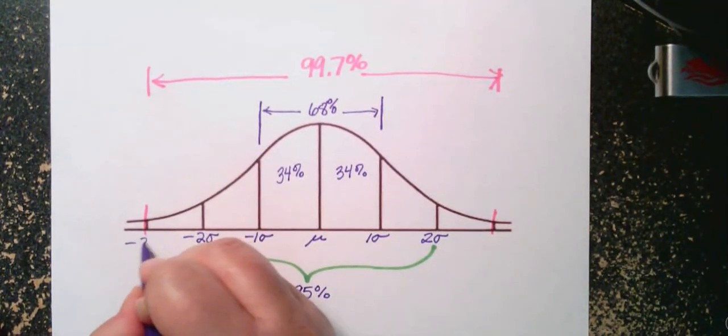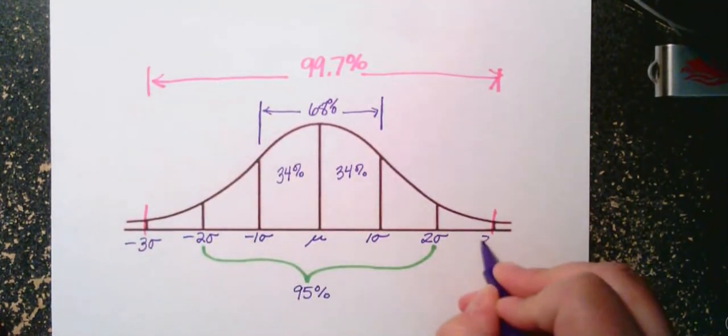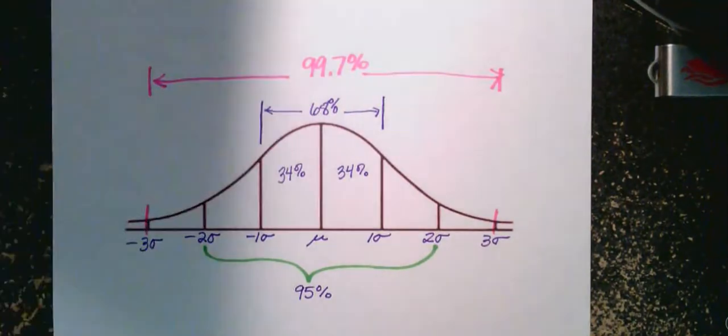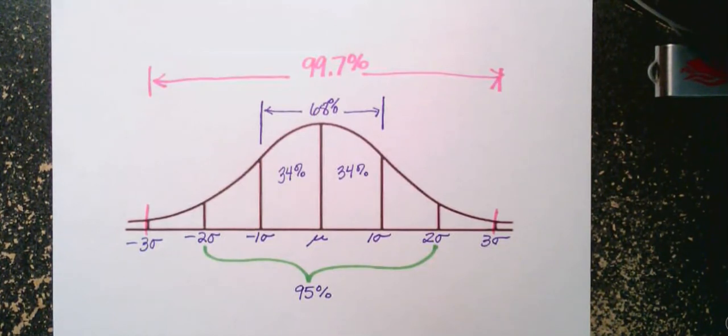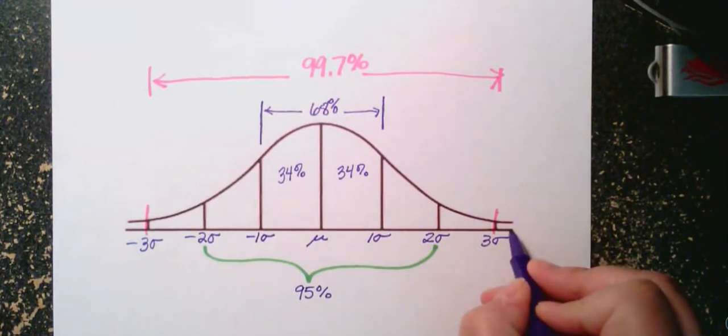So the vast majority of your data is within 3 standard deviations of the mean. Does that mean there can't be any data outside of that? No, not at all. But it does mean that most of your data is going to be within 3 standard deviations of your mean. So there is some outside of that.